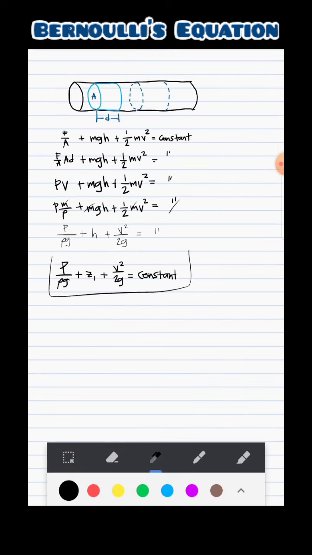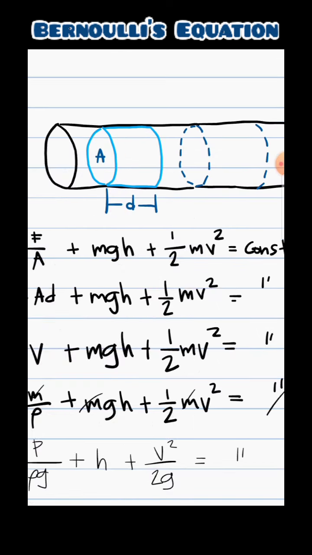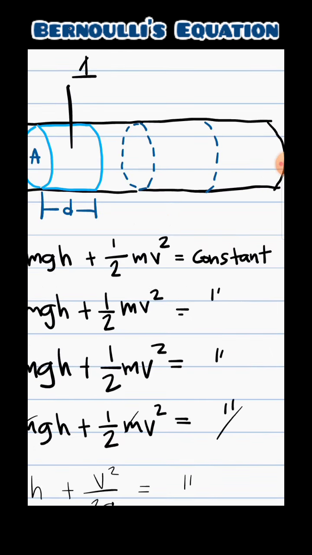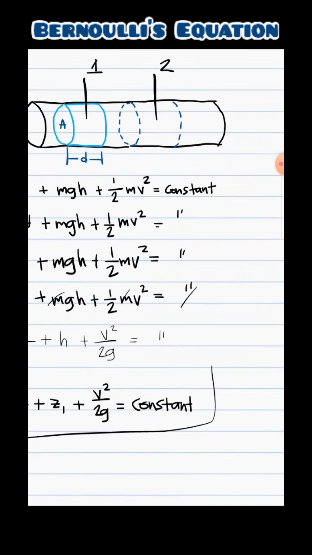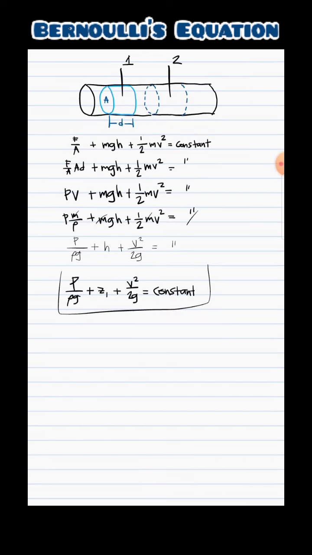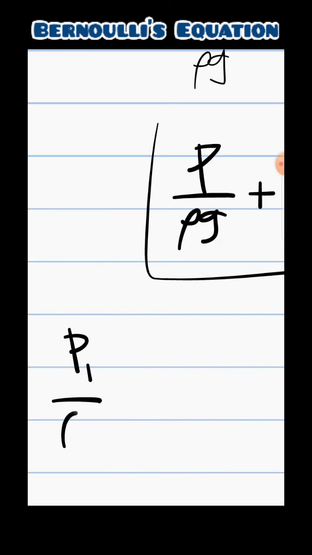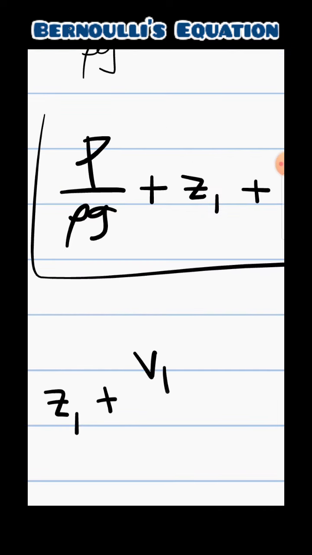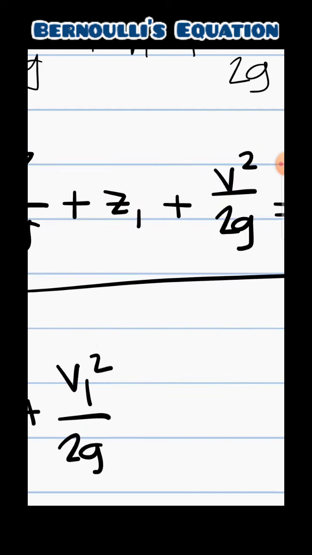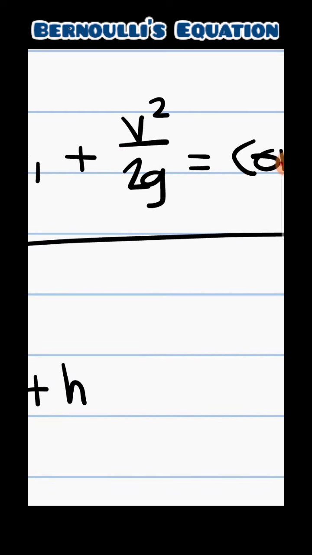For instance, to give you an example, if we have point 1 and point 2, the extended version of Bernoulli's equation between 2 points is of this form: P1 over rho g plus z1 plus v1 squared over 2g plus the head of the pump.